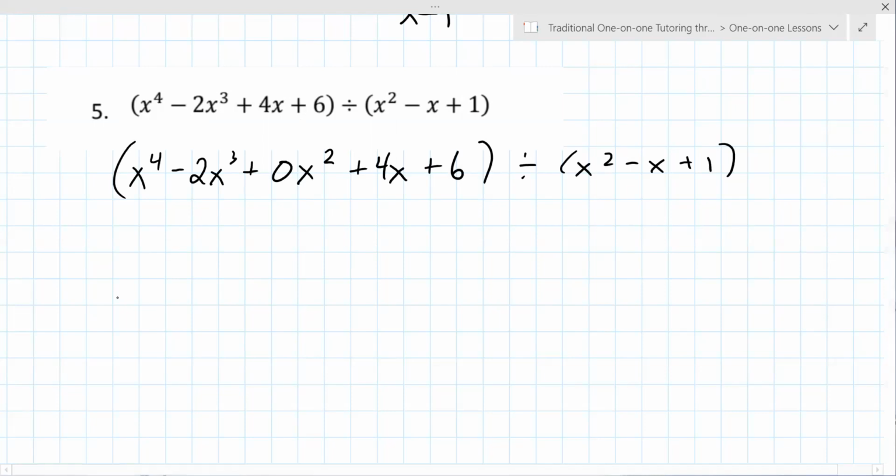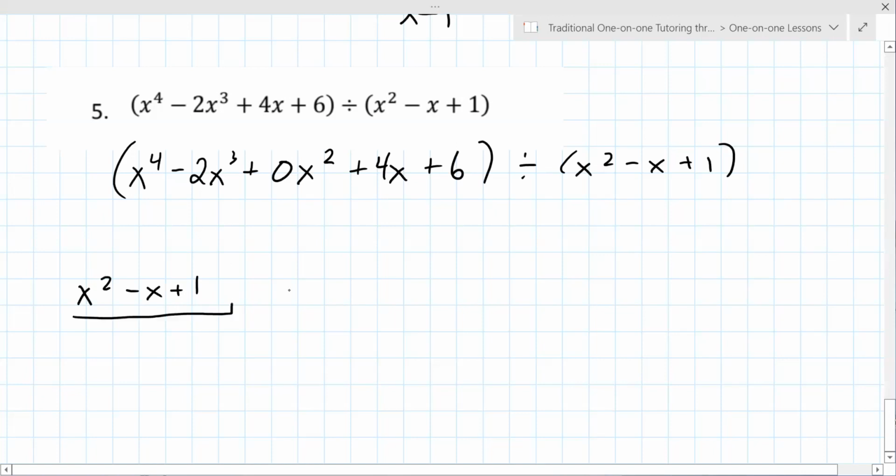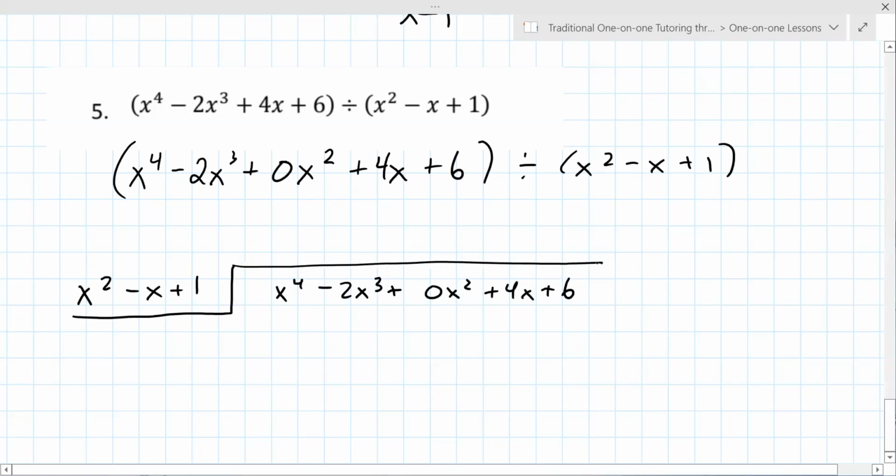Okay, so x squared minus x plus 1 goes outside the house. And then inside the house is x to the 4th minus 2x cubed plus 0x squared plus 4x plus 6. And give yourself enough space between the columns so that you can work this out.